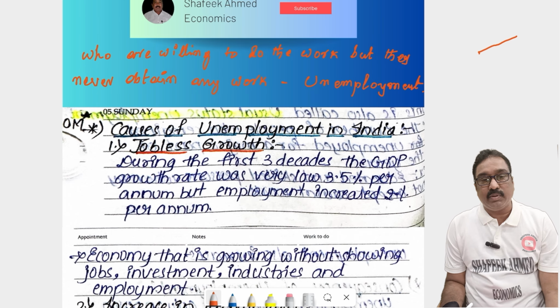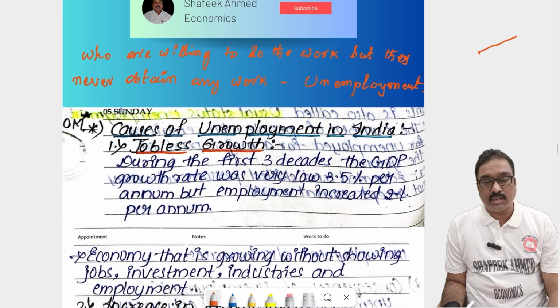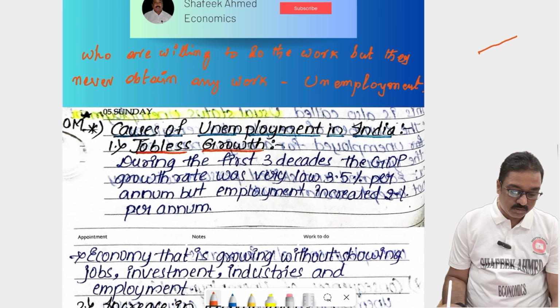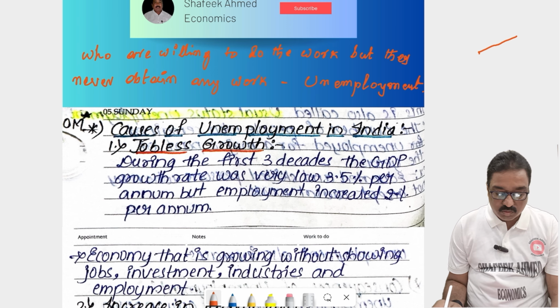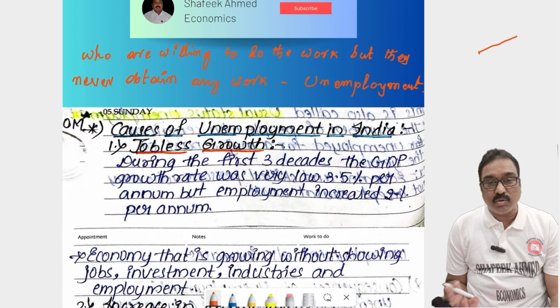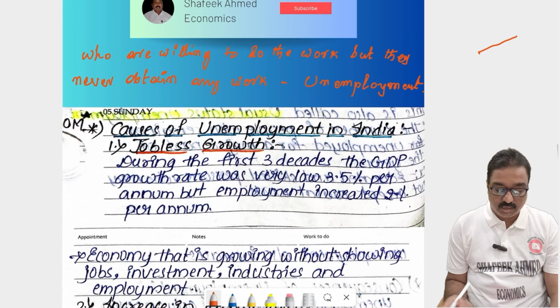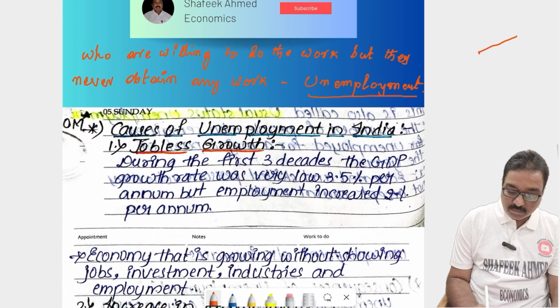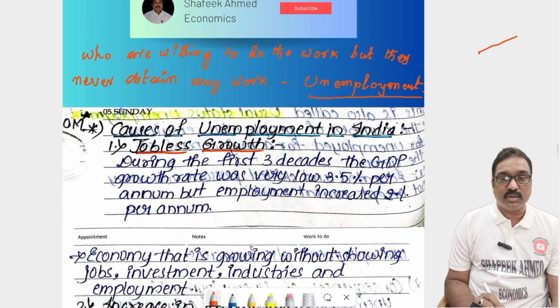This definition is very important for long answers as well as two marks questions. Those who are willing to do the work but never obtain any job opportunity or any work, that is called unemployment. Okay, do you understand the meaning of unemployment?